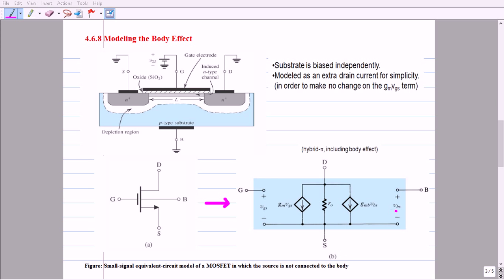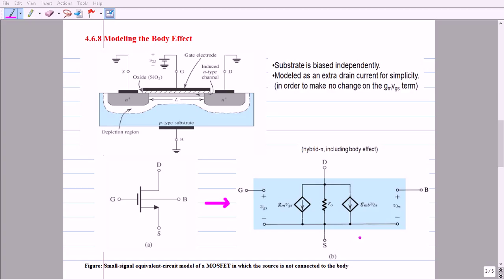The model includes the bulk to source voltage source VBS, and the controlled current source GMB times VBS, where GMB is called the body transconductance. VBS is the bulk to source voltage, that is the voltage applied between the bulk and source terminals.